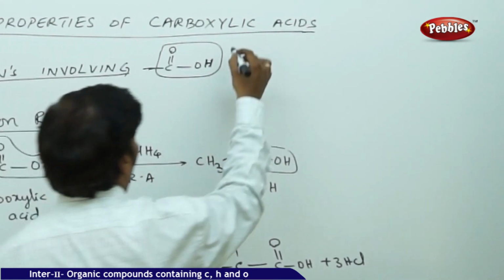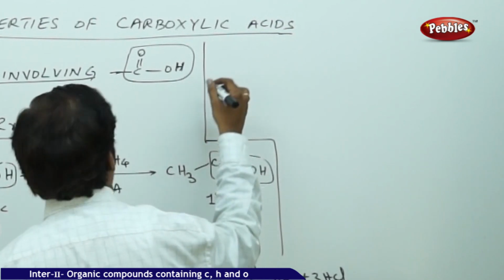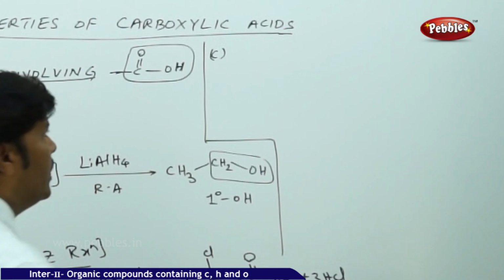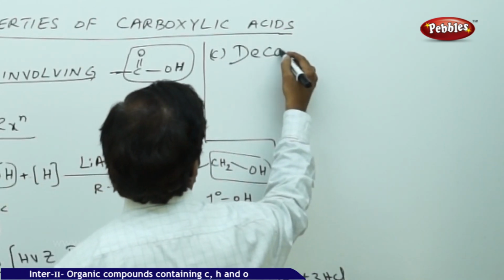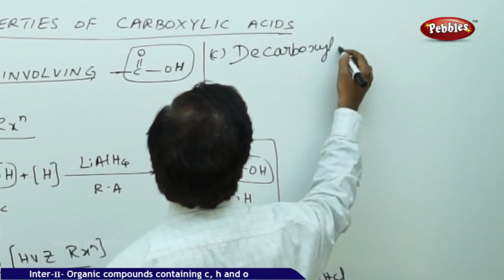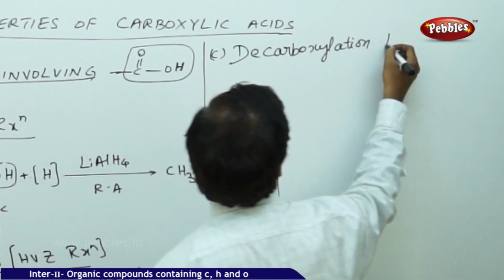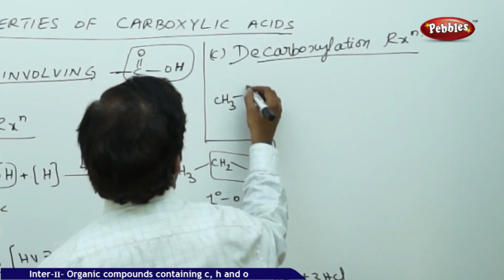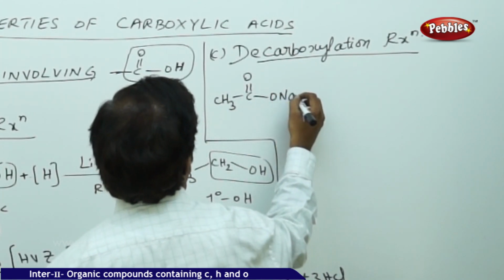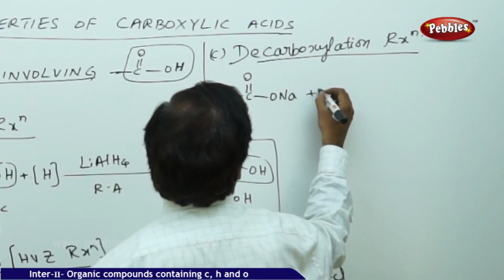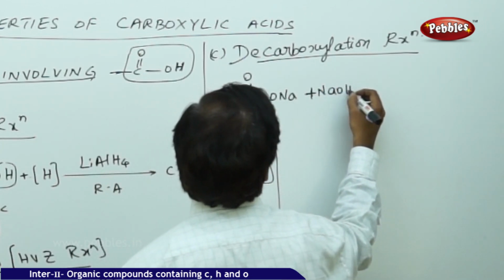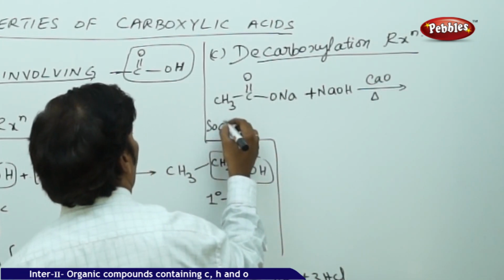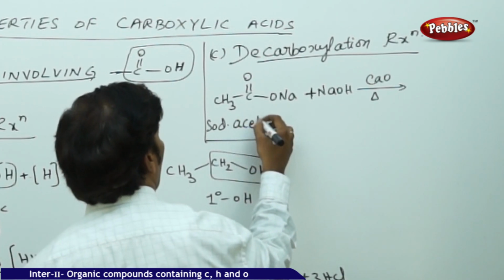Then if you go for the next part of the reaction, that is decarboxylation, go for decarboxylation reaction. If you take simple reaction, it is CH3COONa, sodium acetate, in the presence of NaOH, taking calcium oxide as a catalyst.